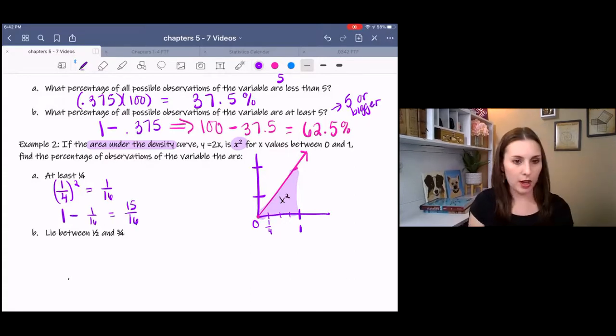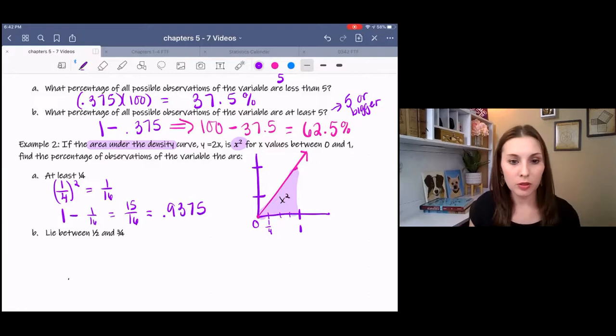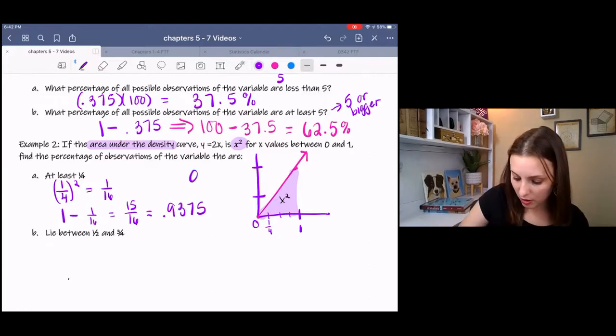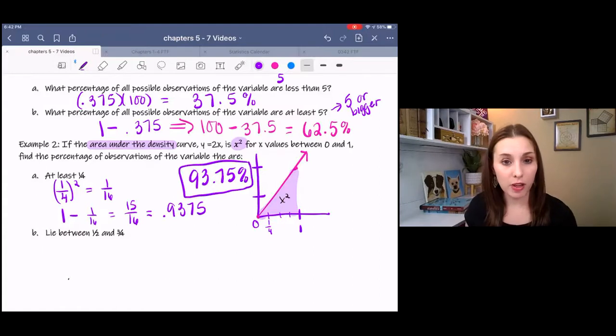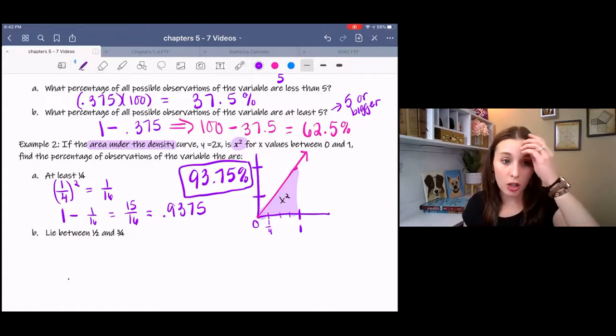And if I figure that out as a decimal, I get 0.9375. So as a percent, we can say 93.75% of our values are at least a fourth.